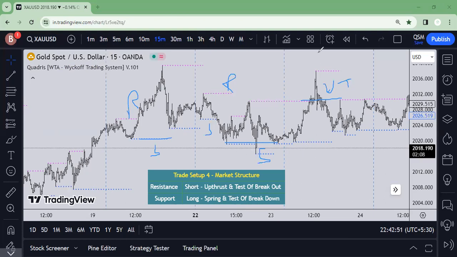It's more towards false breakout, and it's not a proper upthrust. Rather, this can be. This is also not upthrust. So, taking out springs. If spring fails, then we take test of breakdown. So I'll explain you in bit detail.